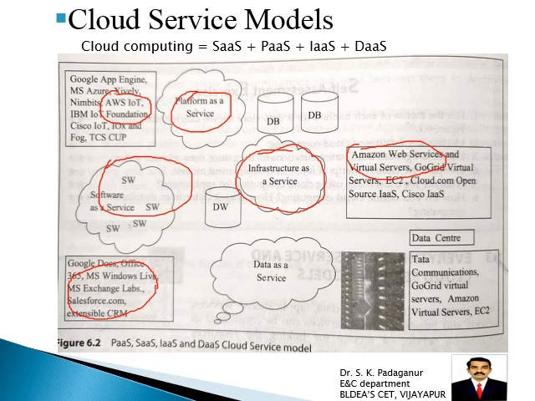We can use cloud for data storage and collection. For example, TCS, Tata Communications, GoGrid virtual servers, Amazon virtual servers, EC2. So cloud computing is very important. It's a combination of 4 different models, that is SaaS, PaaS, IaaS and DaaS.